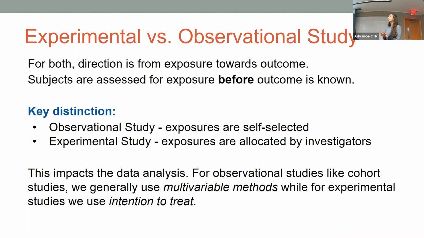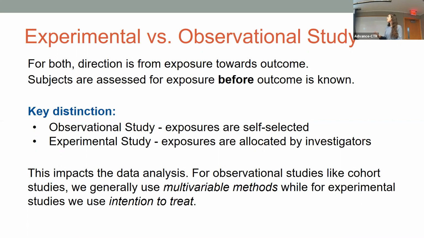This distinction actually has really, really big effects on the way in which you conduct your data analysis. For an observational study, like our cohort studies, since individuals selected who was going to be exposed and who wasn't going to be exposed, we need to use multivariable methods in order to adjust for this, while in experimental studies like randomized control trials, you can just use the data as is.